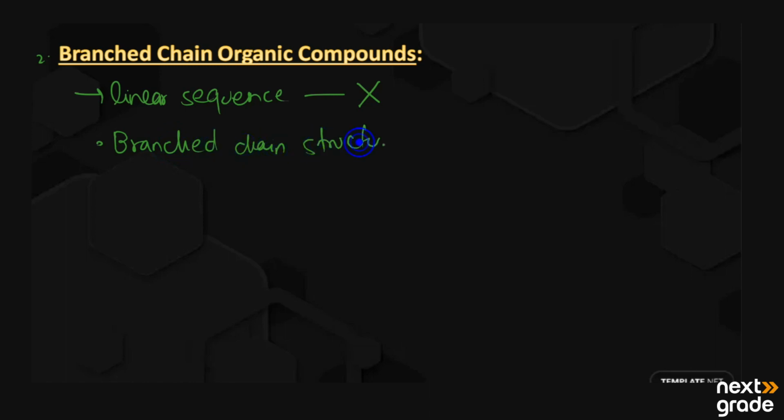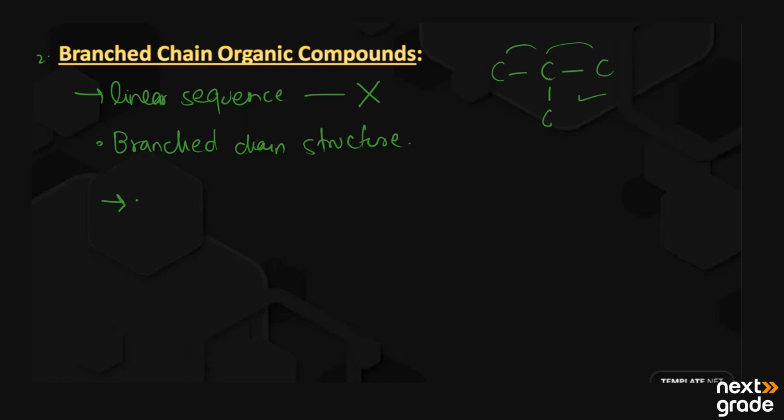Now, what do we mean by a branch chain structure? It simply means that at least one carbon atom is linked with more than two carbon atoms. In the simple linear chain, one carbon atom is bonded to just one other carbon atom, but for the branch chain there must be one carbon atom that links with the other carbons. So this makes the branch chain or the side chain structure for the formula.